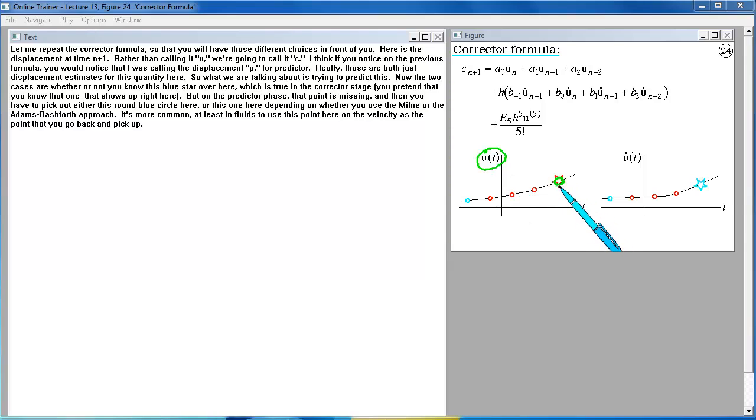Now the two cases are whether or not you know this blue star over here, which is true in the corrector stage. You pretend that you know that when that shows up right here. But in the predictor phase, that point is missing, and then you have to pick up either this round blue circle here or this one here, depending whether you're using the Milne or the Adams-Bashforth approach. And as we've mentioned, it's more common, at least in fluids, to use this point here on the velocity as the point that you go back and pick up.